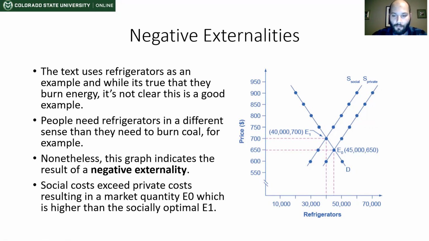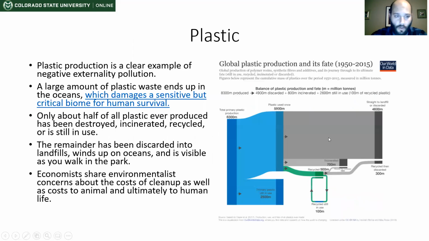So the market quantity here with our private supply curve and demand is too high. We would like there to be a lower market quantity, or in other words, it would be socially optimal to have a lower market quantity of pollution. Right, so just to show what we're talking about here in terms of pollution, one type of pollution is plastic production.